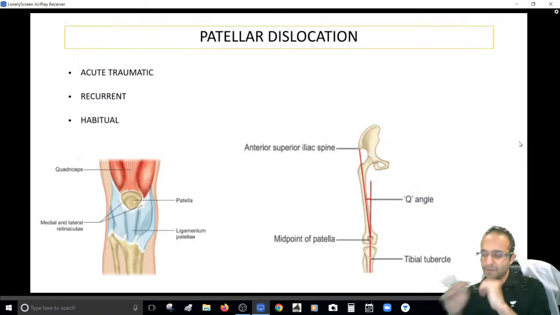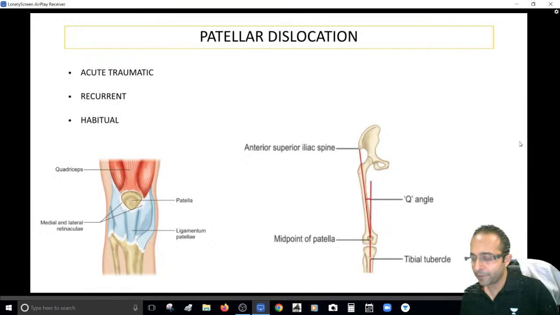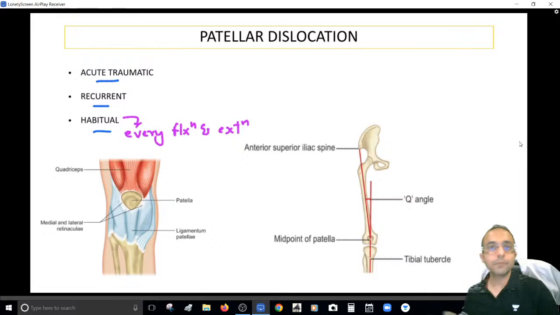This is a case of patellar dislocation. See, dislocation in the patella can occur as an acute episode, or it could also be recurrent, occurring multiple times, or it could also be habitual. We call it habitual dislocation when you have dislocation occurring with every flexion extension. That is habitual.